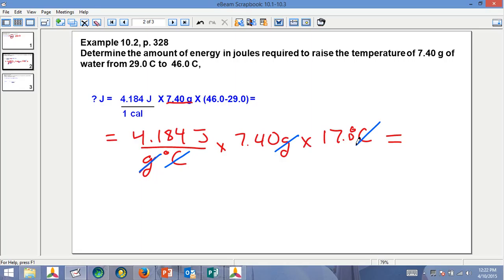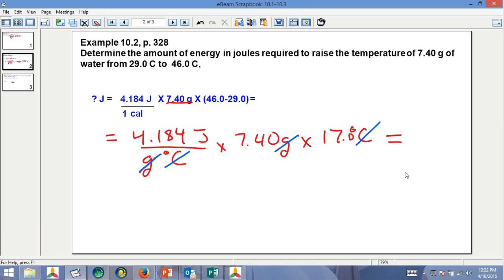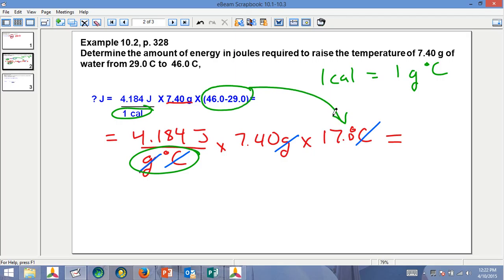So 1 calorie equals 1 gram degrees Celsius. I just substituted that for that because that makes my units cancel. So those are the same. And then this right here becomes that. It's 17.0 degrees Celsius.